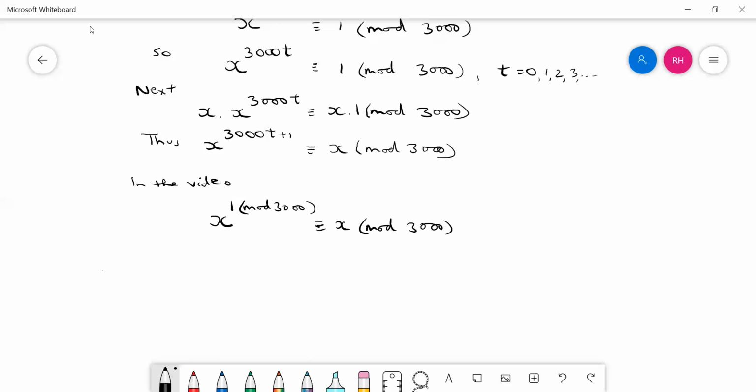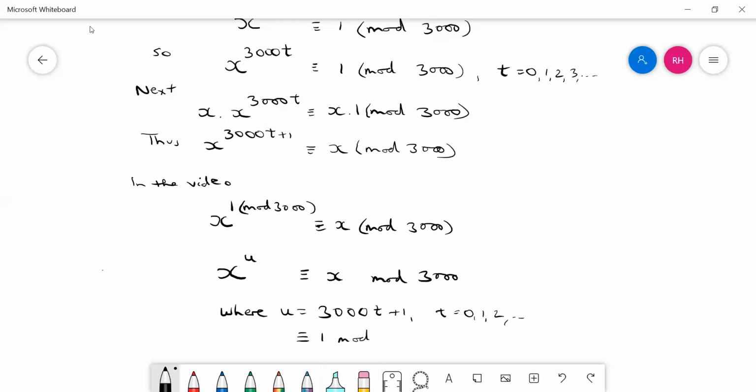What I'm really saying is x to the U is equivalent to x mod 3000, where U is equal to 3000 t plus 1 for t equals 0, 1, 2. But a better way to put it is U is equivalent to 1 mod 3000.